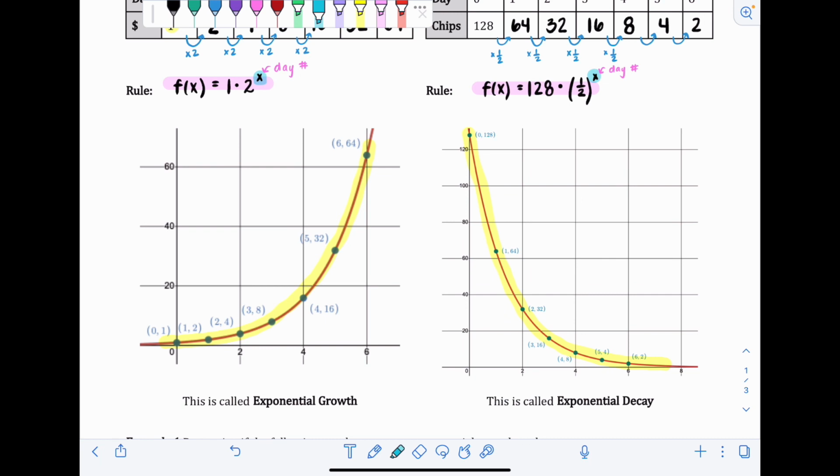Okay, a few things I want to point out on the graph. Really any graph, but it's especially handy for exponential functions, is the y-intercept is going to be where you're starting. So if we look at our y-intercept on the first graph, it was at 0, 1, and that's because we started with $1 in our account. So the y-intercept is the starting point.